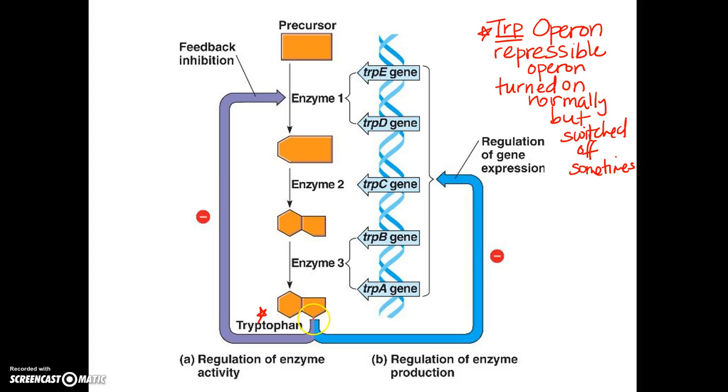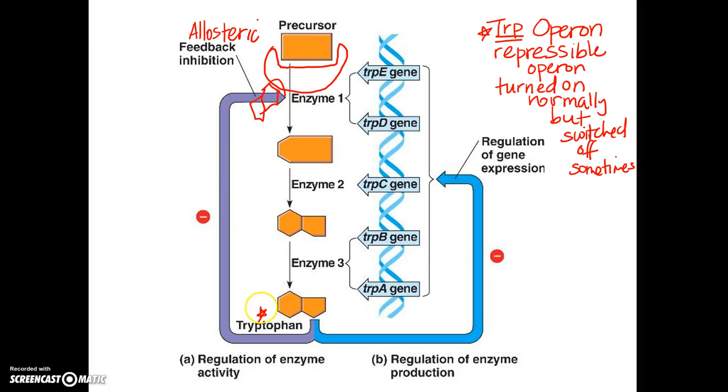Now, as you might remember from when we talked about enzymes, enzymes can be allosterically inhibited. So this feedback inhibition is allosteric. If you imagine this enzyme is going to fit around these precursors and change them into the next thing, tryptophan itself can come in and bind here and deactivate this enzyme.